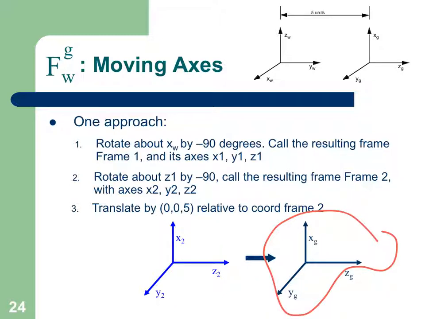So let's just review what we did. We rotated first by negative 90 degrees about the x world axis. Then we rotated about the new coordinate frame, the coordinate frame 1 z-axis, by negative 90. And then we translated by 0, 0, 5, and that was all relative to coordinate frame 2.